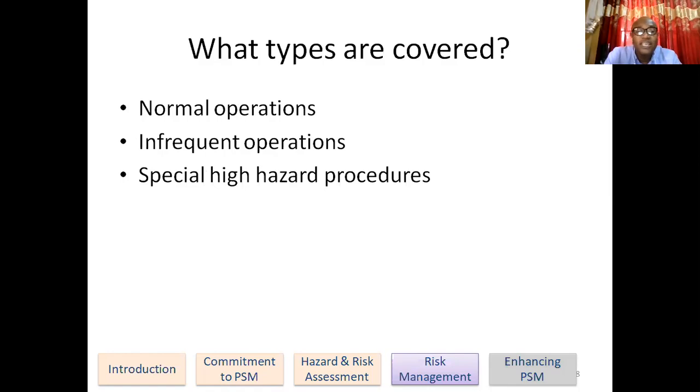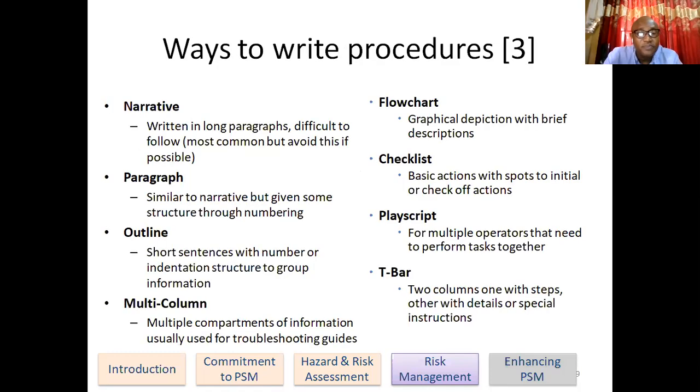No, it's a specialized high hazard procedure. You can't use the experience of a helicopter to go and fly a Boeing 737. No, it is not done. You must be specially trained for it.